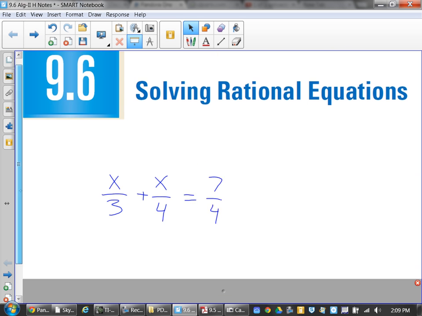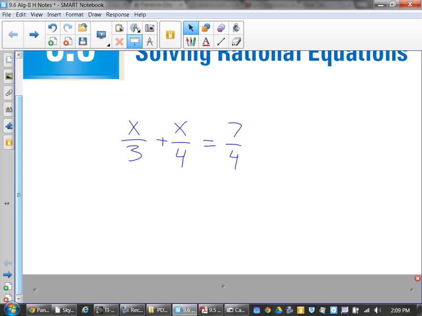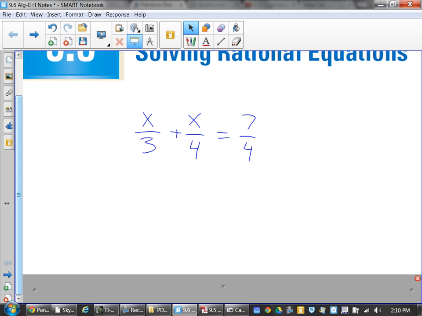For example, I start with something like this, where I have x over 3 plus x over 4 equaling 7/4. What I want to do is get rid of my denominators.